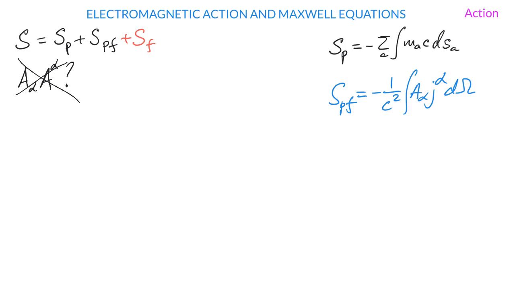This leaves us with the terms that can be obtained from the field strength tensor F alpha beta. Now, we need Lorentz scalars. We already found two Lorentz scalars that are quadratic in F. Now, it's easy to see that S sub F should be quadratic in the field coordinates. Why is that?